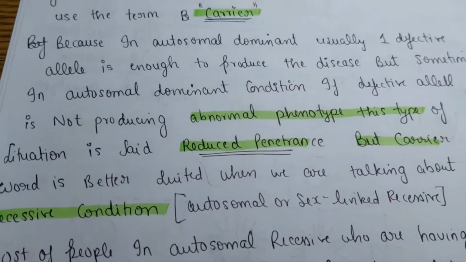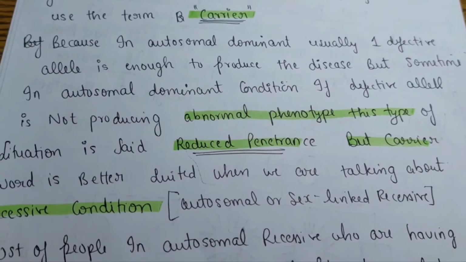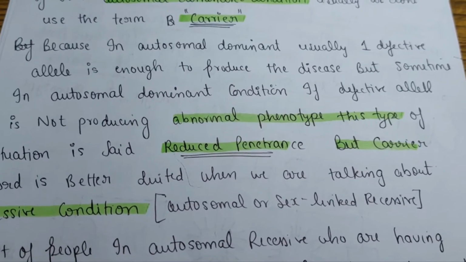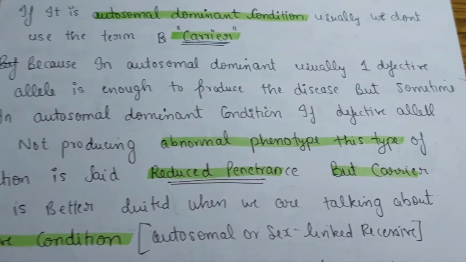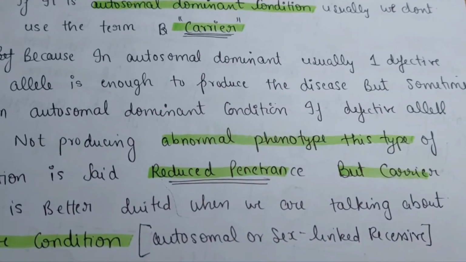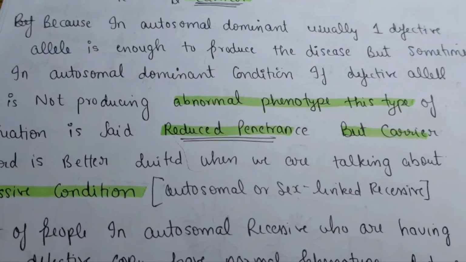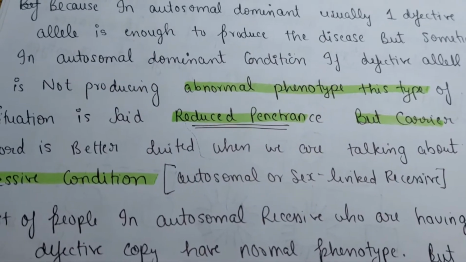Because in autosomal dominant disease, usually one defective allele is enough to produce the disease. But sometimes, if the defective allele is not producing the abnormal phenotype, this situation is said to be reduced penetrance.